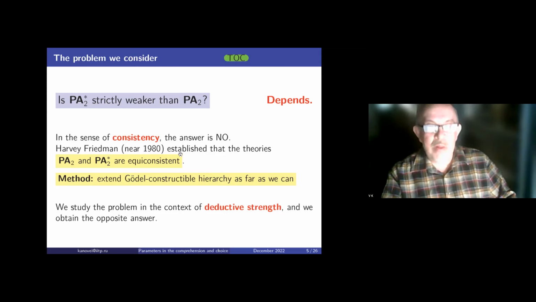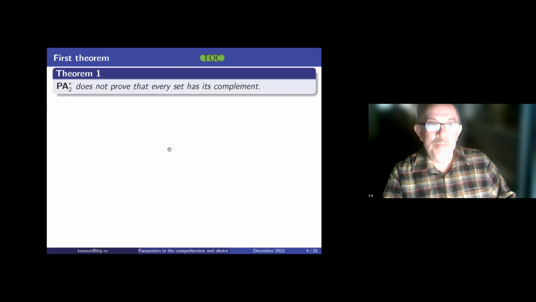And now we find that yes, the parameter-free form is really strictly weaker. It proves fewer sentences than the full second-order Peano arithmetic. So this is the first result.